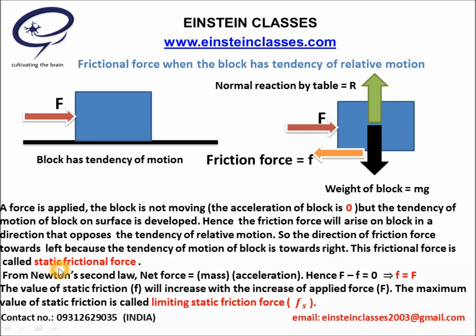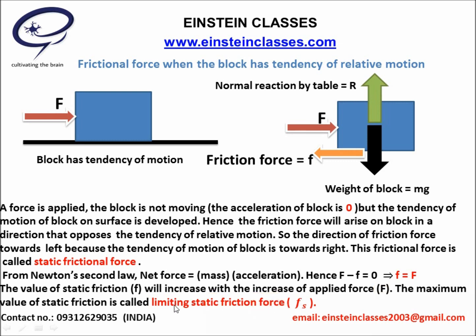That's why this frictional force is known as static frictional force, and it will be equal to the applied force capital F. Now we are going to increase this applied force capital F. As you increase the applied force, the frictional force will increase, and this maximum applied force up to which the block will be at rest on the table is known as limiting static frictional force, right?